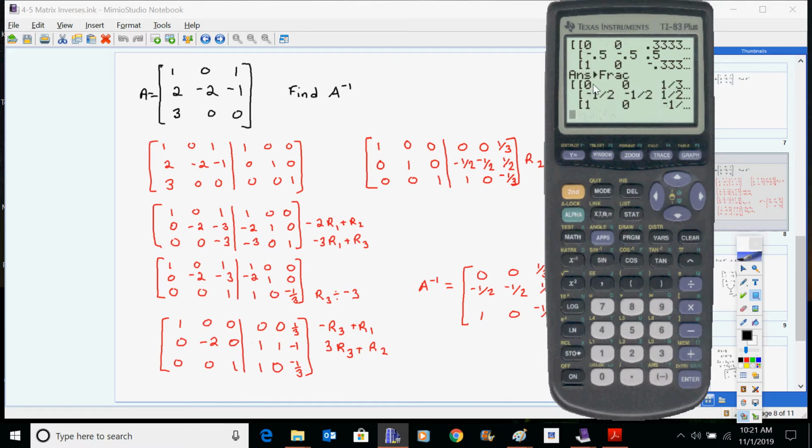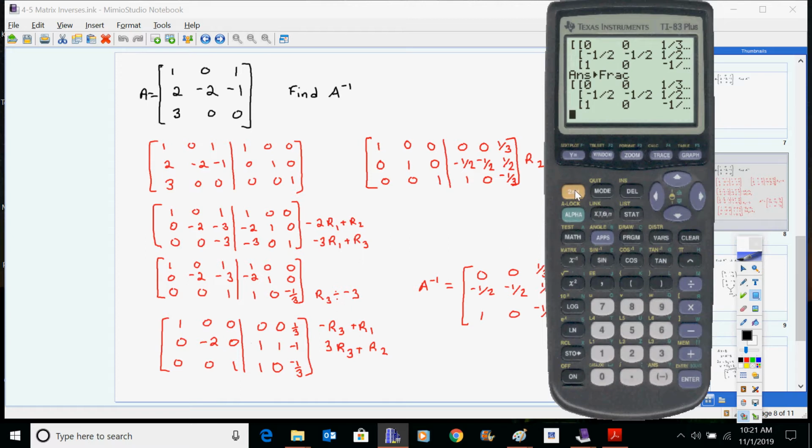And so you have the numbers here. You use the math button, and then the fraction button, and hit enter. Now the only thing that's a little bit difficult here is you've got this -1 something over here, so it's difficult to see on there.